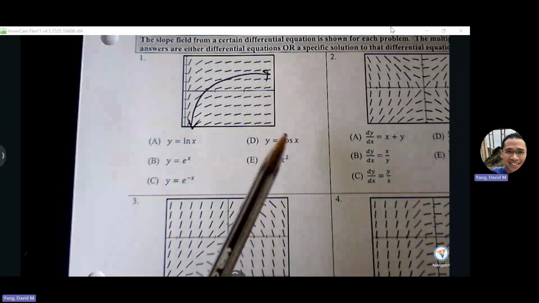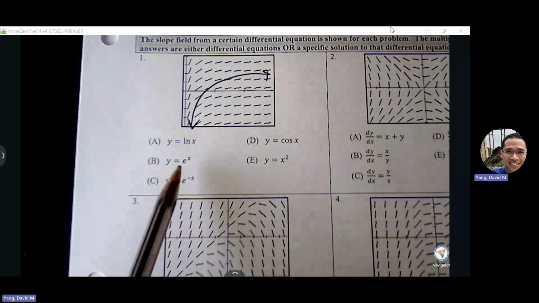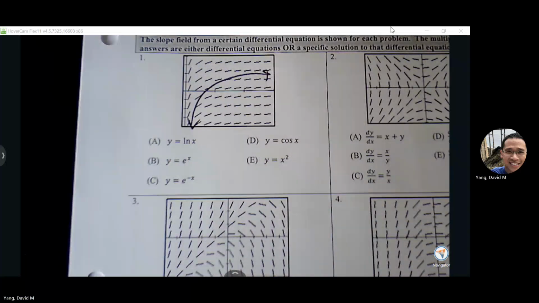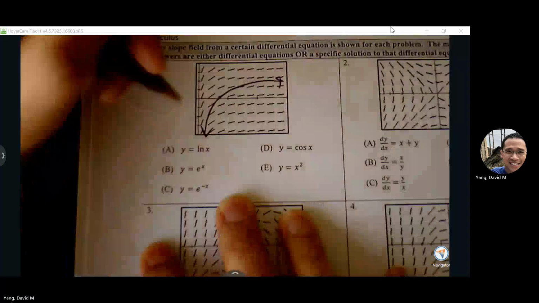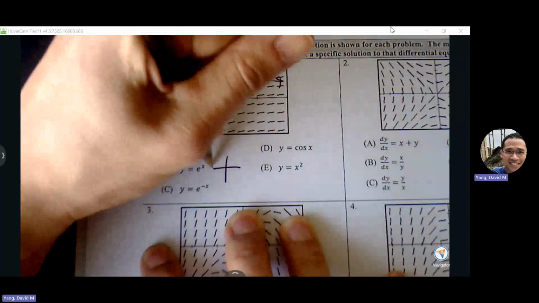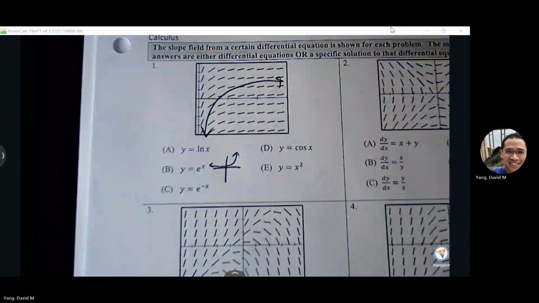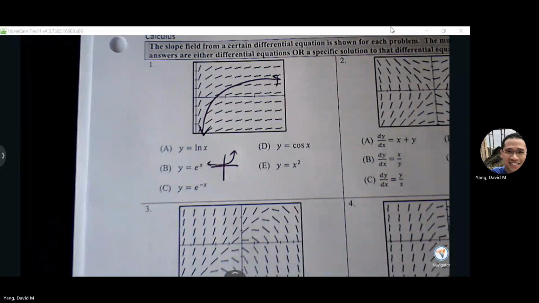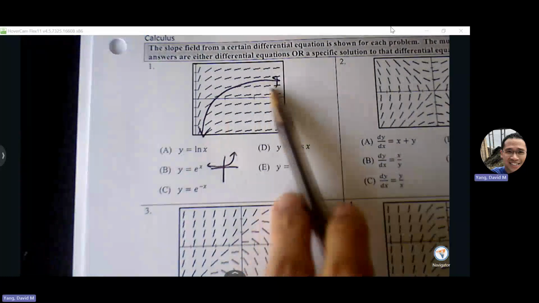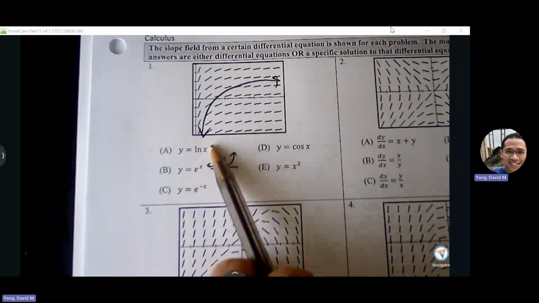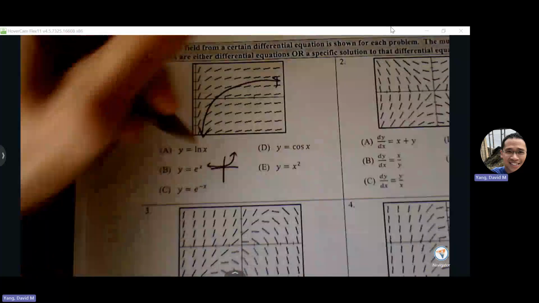Does that look like cosine, x squared, e to the negative x, e to the x, or natural log of x? e to the x looks more like this. Yeah, this is the natural log, right? You can also sketch this in your calculator and see that shape show up.